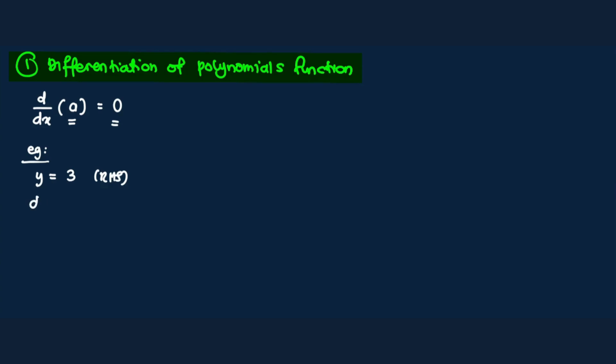So when you differentiate your function y here with respect to x, it is equal to 0. There's no x on the right hand side. So whenever you differentiate with respect to x, you get 0. So this is correct all the time whenever you differentiate a function that is equal to constant.